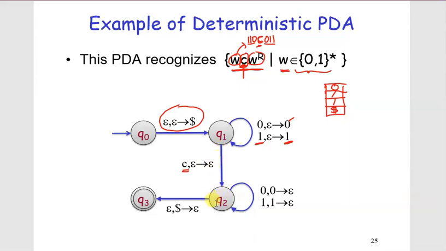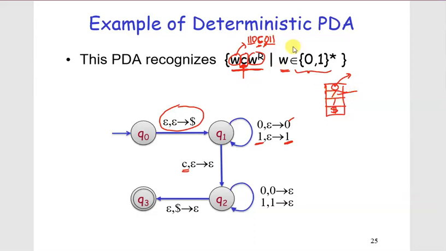At Q2, if we read 0, we will pop 0. If we read 1, we pop 1. So we read the first 0, we pop 0. We read 1, we pop 1.